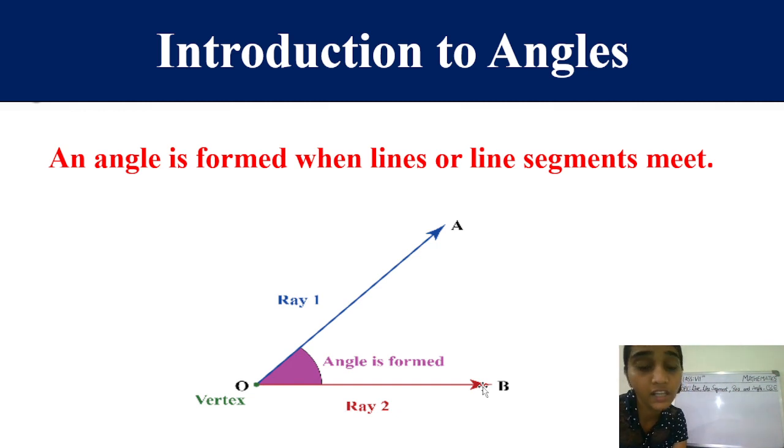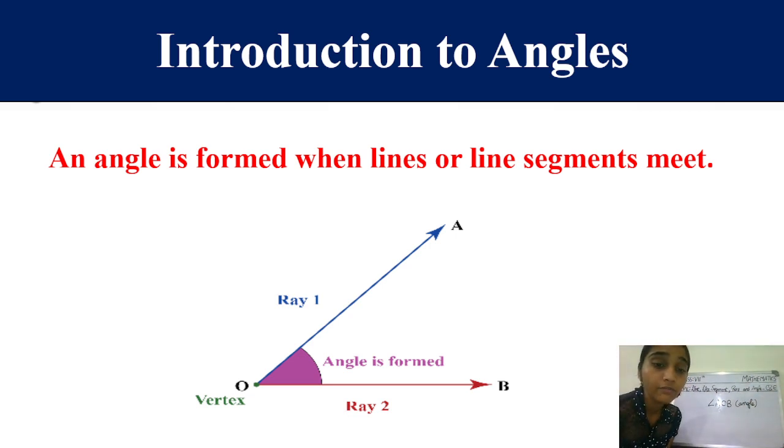When the rays meet, an angle is formed over here. And O is the vertex. What name are we giving to O? Yes, it is a vertex. And the angle which is formed is named angle AOB, right? Where the two rays meet, or lines or line segments meet, they form an angle. So here the angle formed is angle AOB. So this is an angle.